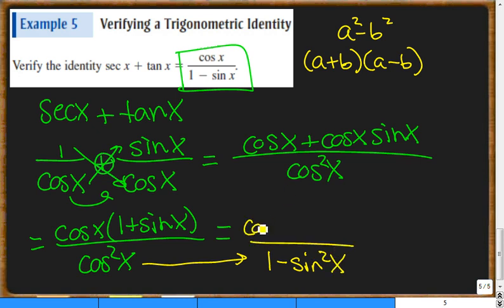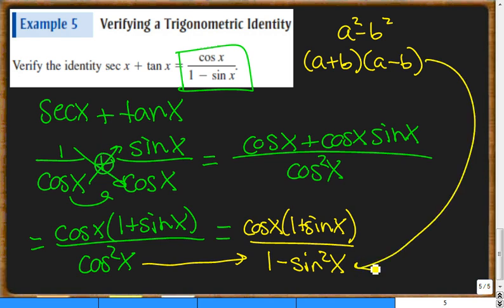And so what I have here is a situation where I can actually think about this like this: 1 plus sine of x, 1 minus sine of x. And you can see that it ends up working out very nicely.